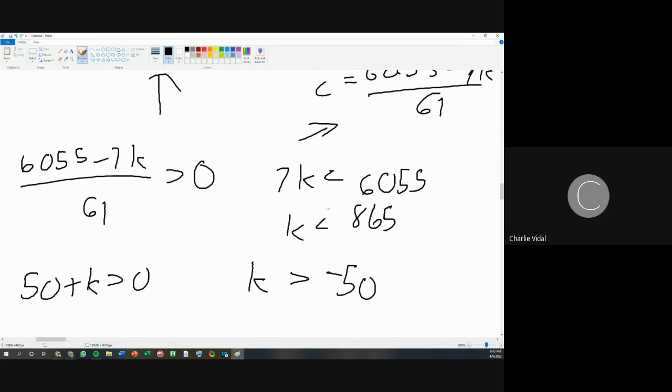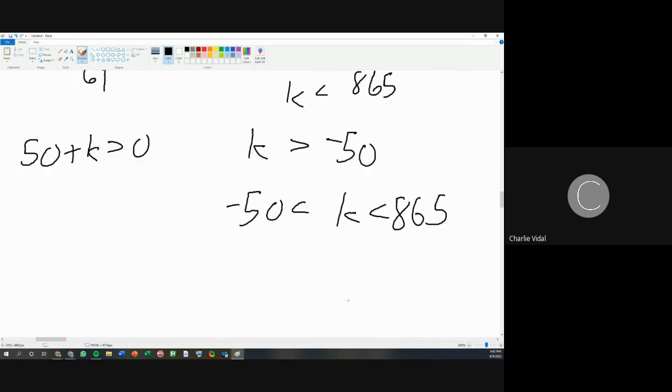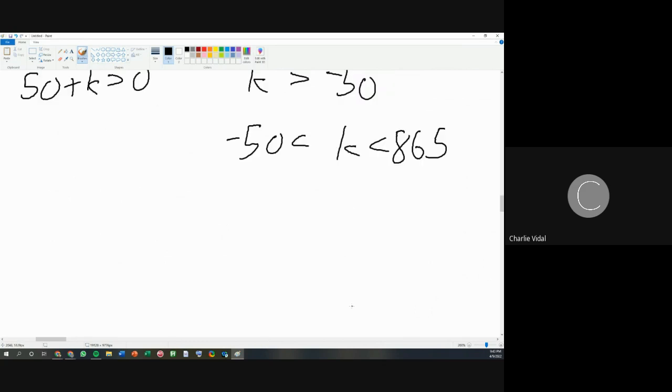So our stability region is negative 50 is less than K is less than 865. Okay. So we're going to plug in 865. Actually, okay. So he says that we're going to redraw this, right?